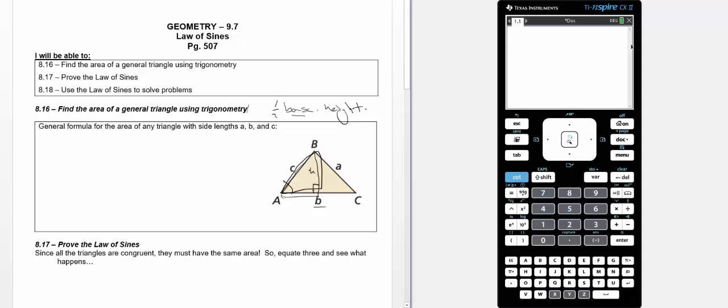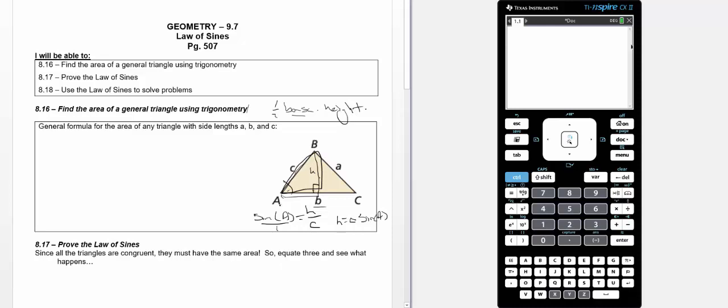So I am looking for the height, which is opposite of A, and I know the hypotenuse of this right triangle. That's h. So I know O and H in SOHCAHTOA for this right triangle. The sine of angle A is equal to this height over this hypotenuse. Or better yet, if I cross multiply, I find that the height is equal to c times the sine of A.